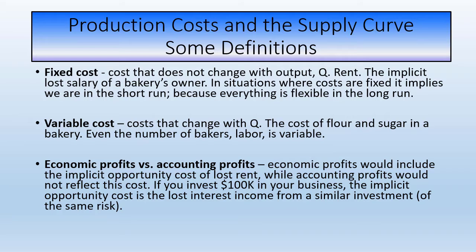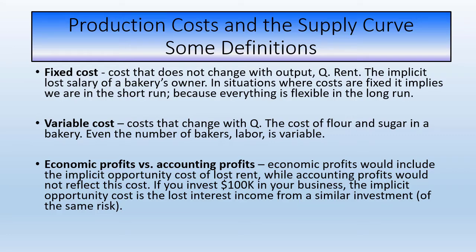The implicit lost salary of a bakery's owner is a fixed cost because, look, you've got one owner, and no matter how much output you produce, the costs are the same. That implicit salary is going to be the same for that owner. Again, if we're looking at fixed costs, we're dealing with the short run.